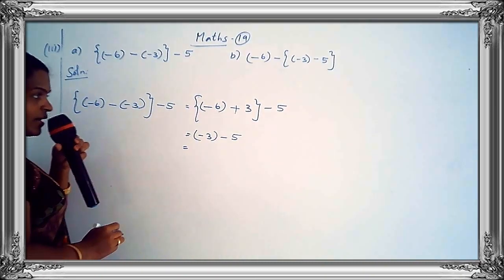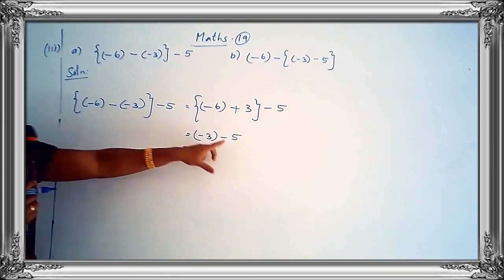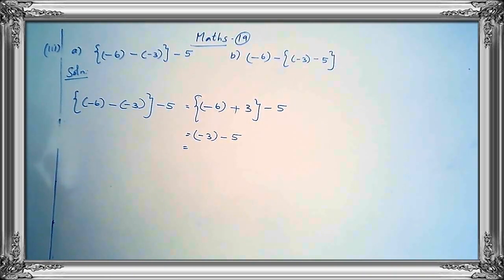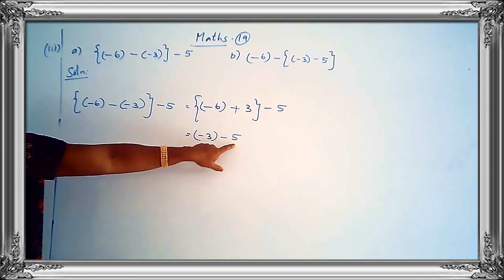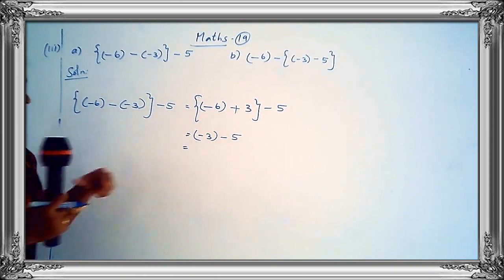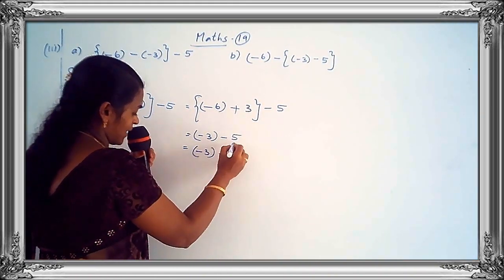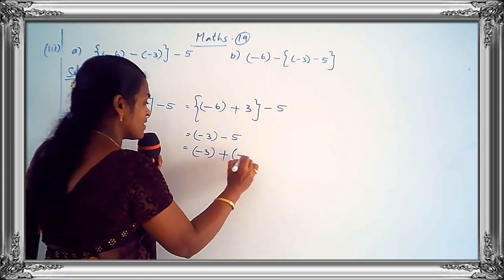Okay, clear? Yes. Now you see again subtraction operation. So while subtracting an integer from another integer, we add the additive inverse of the integer to be subtracted. Okay, so minus 3 minus sign into plus, that time put the additive inverse. Okay, children, so additive inverse of 5 is minus 5.